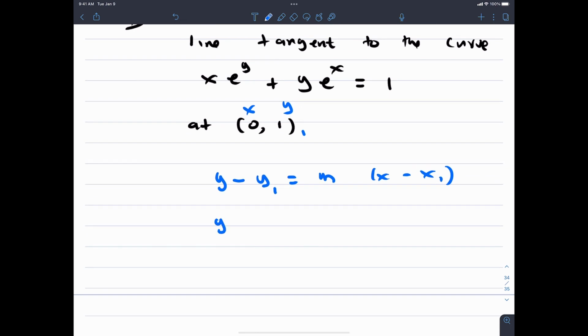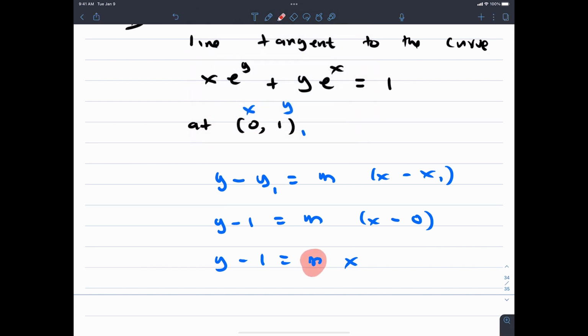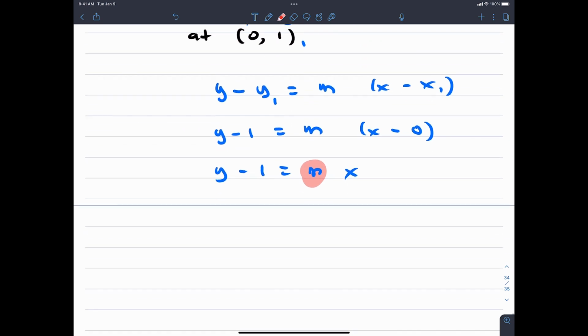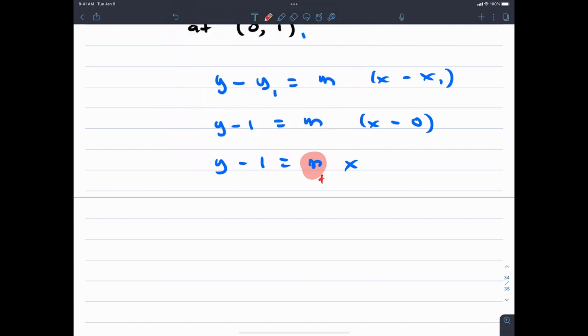So y minus 1 is m times x minus 0, or y minus 1 is mx. What do you really need, ladies and gentlemen? The slope. That's really m tangent, because I want the equation of the line tangent to the curve.